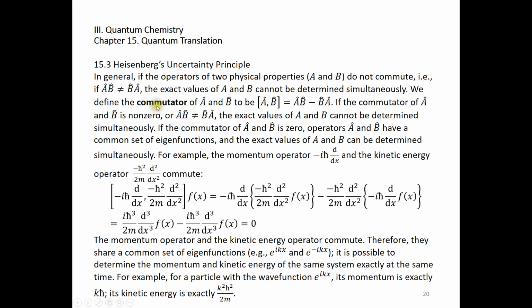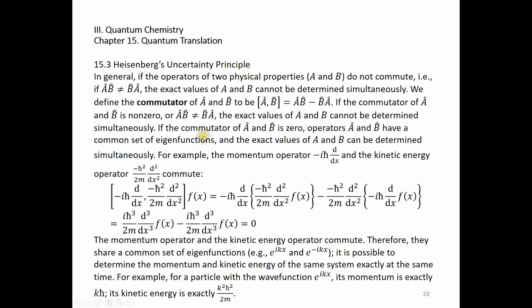We can define the commutator of two operators to be this: A, B enclosed in a pair of square brackets, and this is defined to be AB minus BA. If the commutator of A and B is non-zero, that means AB is different from BA, then we cannot determine the exact values of A and B simultaneously.